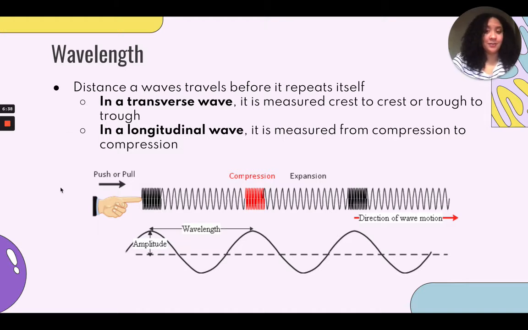In a transverse wave, it's measured from crest to crest, from one highest point to the next. So from here to here, that would be one wavelength. Or you could say from trough to trough, from right here to right here, that's one wavelength.